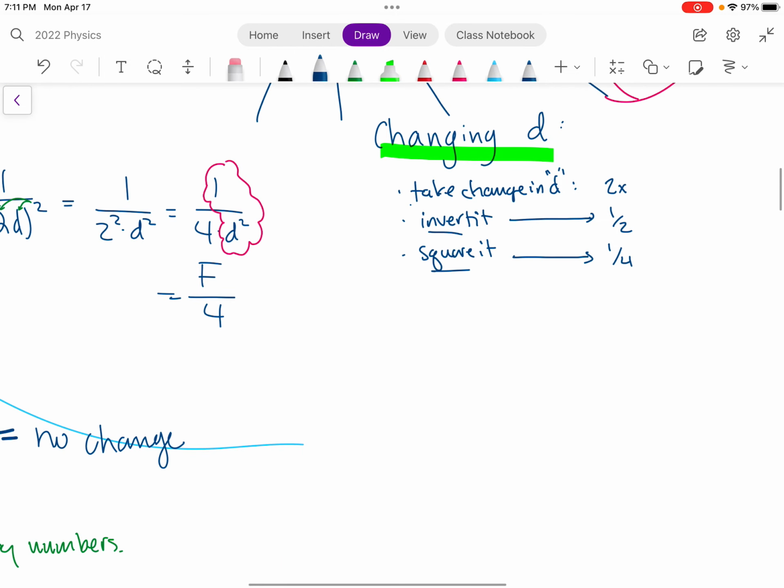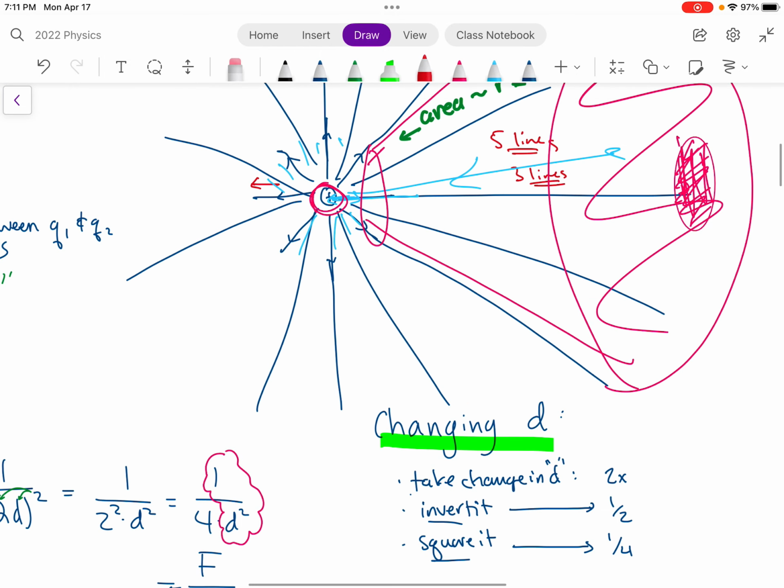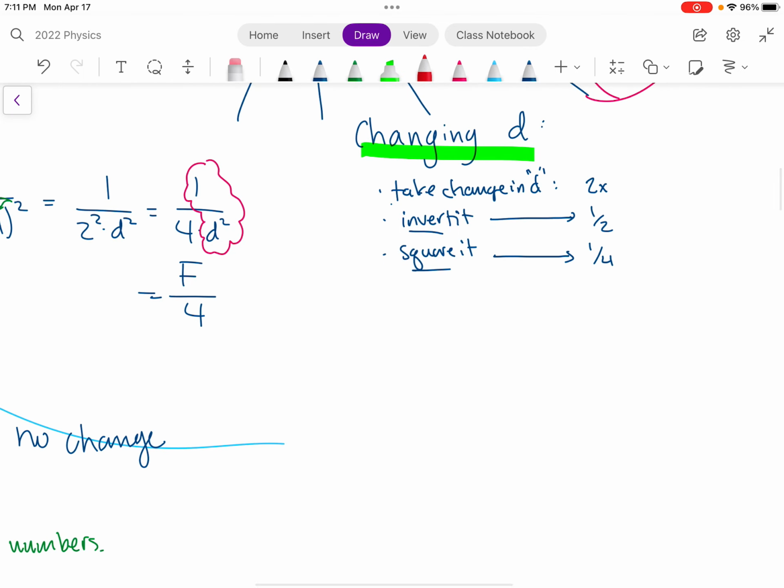Let's see what would happen if we were to do the opposite. If we were going to take that surface area that we have here and move it closer in, decreasing the distance. What if we decrease it to 1/5? So the change in d, let's say it's 1/5. Let's say we go from 5 meters to 1 meter. We invert it.